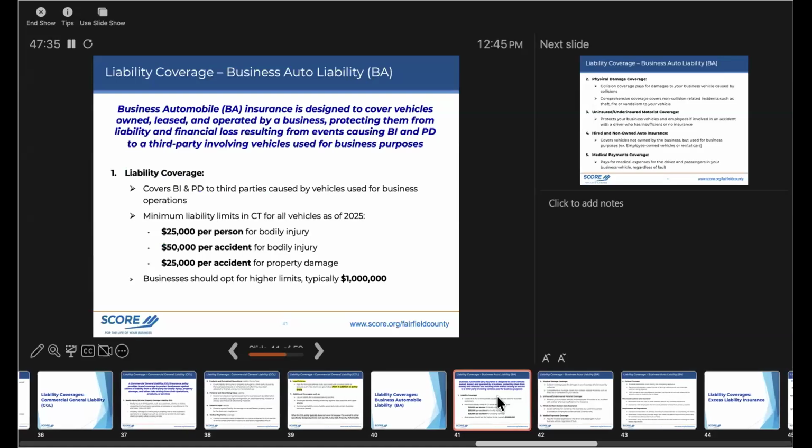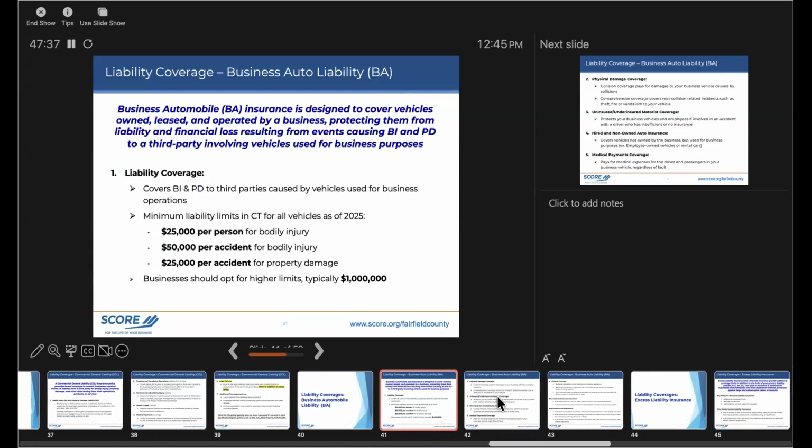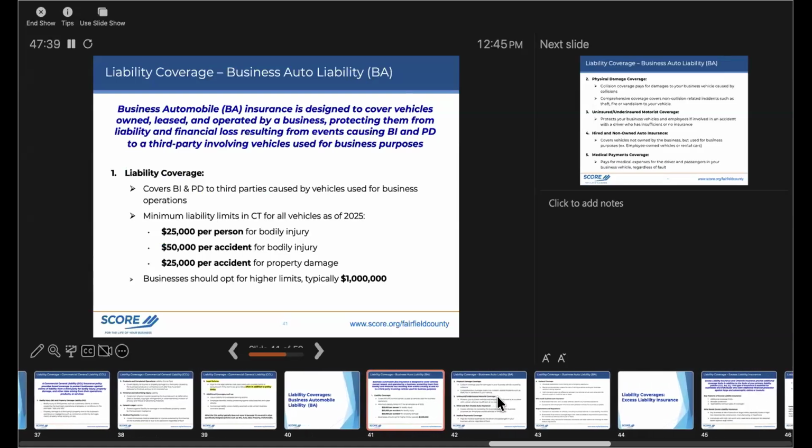Automobile liability. Bill, if I may stop you for a second, I have another question. I'm just trying to get as many in as I can. Okay. A gentleman or lady says, does the insurance broker review the terms and conditions and exclusions with the client before the policy is purchased? Yes.